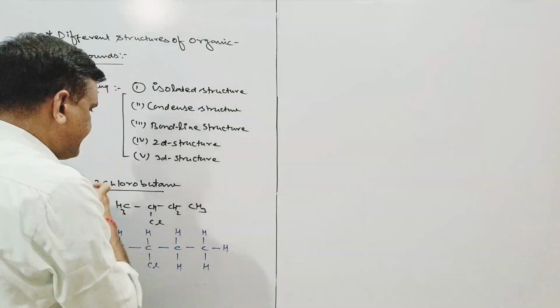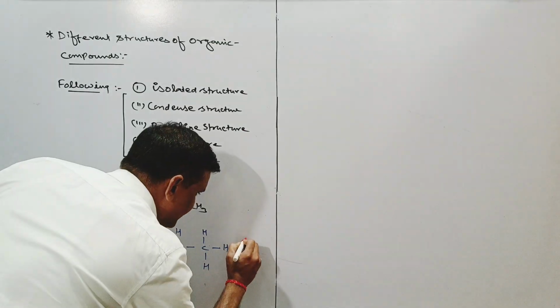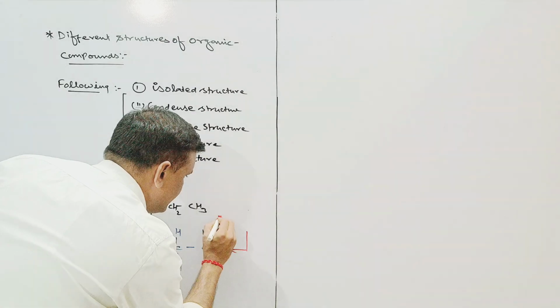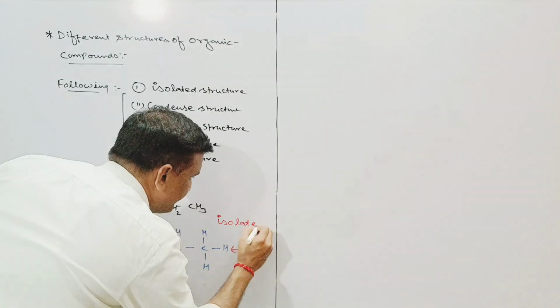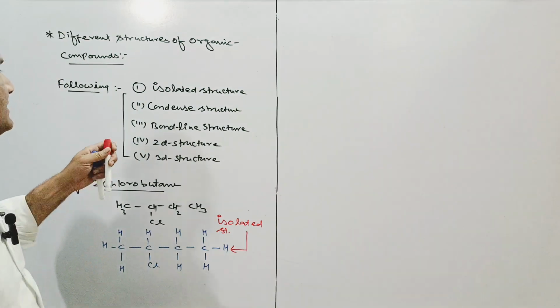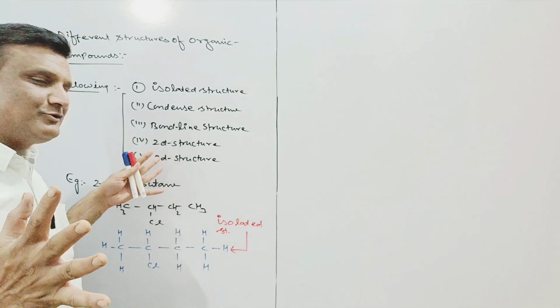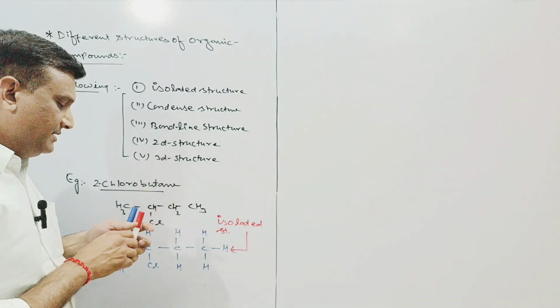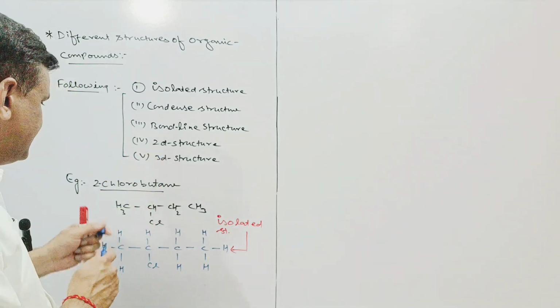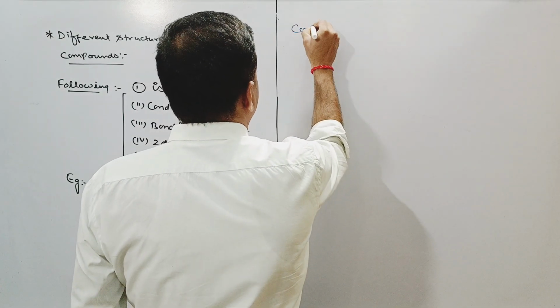This is the isolated structure. If we go with the next, that is the condensed formula. Condensed formula के लिए पर्टिकुलर कंपाउंड को चारों तरफ से कंप्रेस मान लेते हैं. In that case, the second formula is your condensed formula.